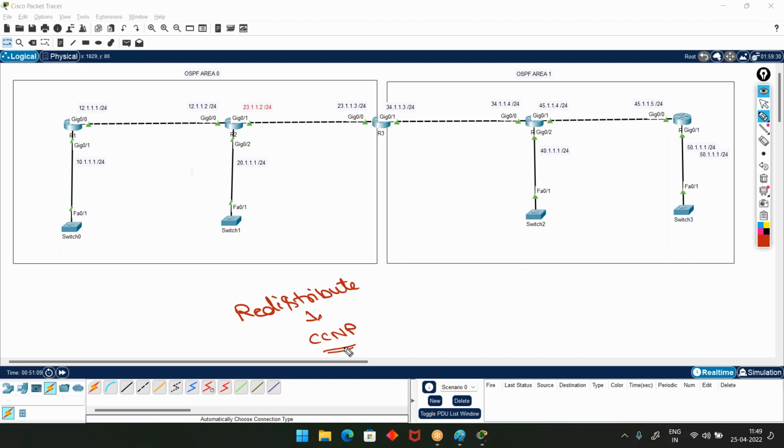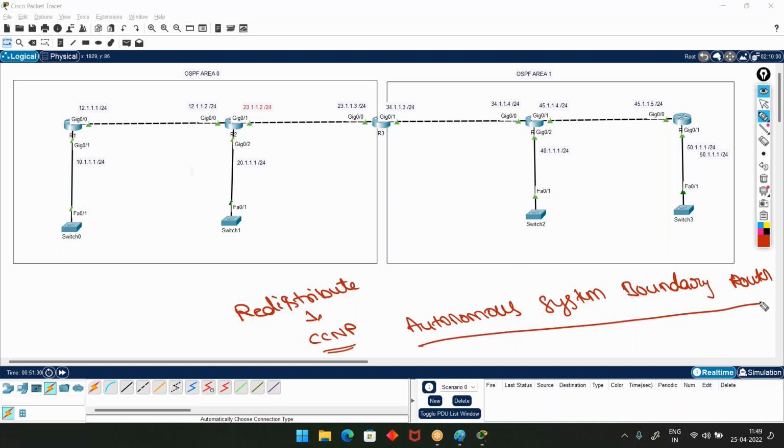It's a different concept. ASBR means Autonomous System Boundary Router.